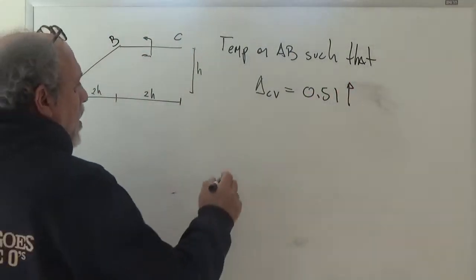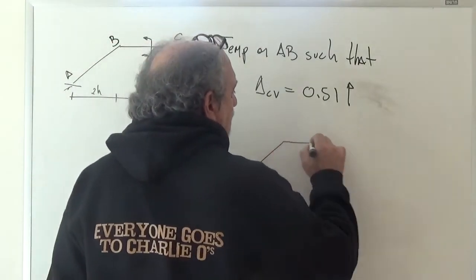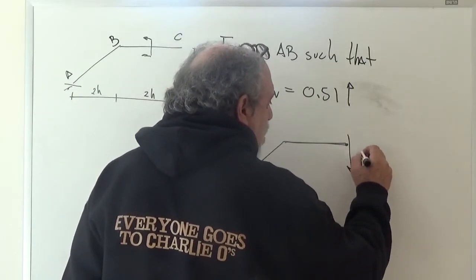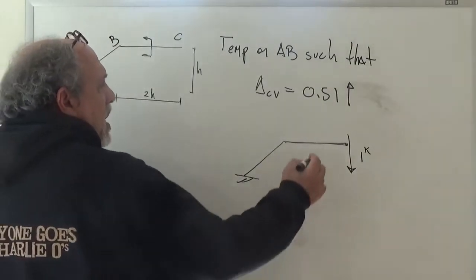Okay? So, since I am going to heat bar AB, and I am interested in what happens in C, I of course need to put a 1 kip load here, right? Because that's my goal, always.